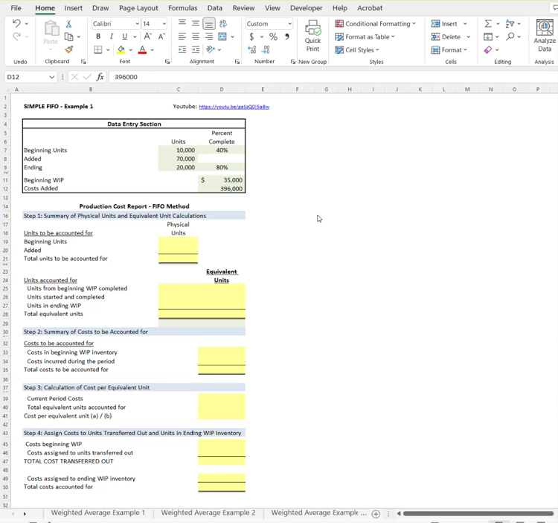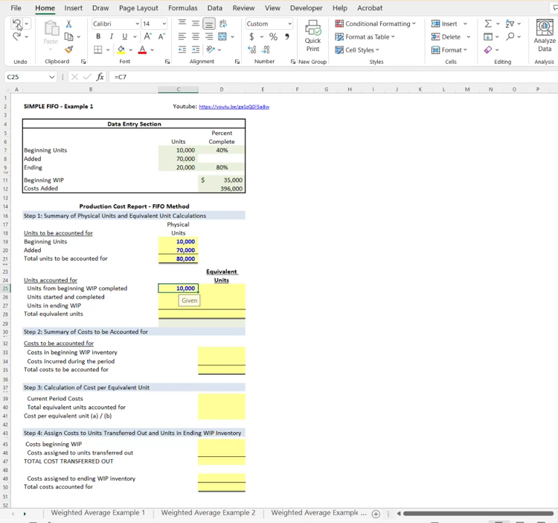The first part of our production report summarizes the physical units and equivalent unit calculations. We're told that we've got 10,000 units in beginning work in process. During the period, we added 70,000 for a total of 80,000 units to account for. Let's go ahead and account for those units.